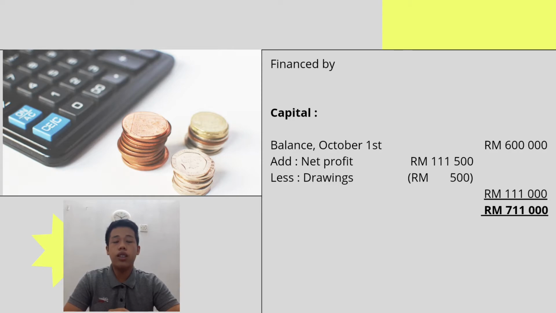After we add the net profit and subtract the drawings, we get 111,000 ringgit. So the total capital we have is 600,000 ringgit plus 111,000 ringgit, and the total is 711,000 ringgit. That's all from me about the balance sheet statement for 31st October 2020.